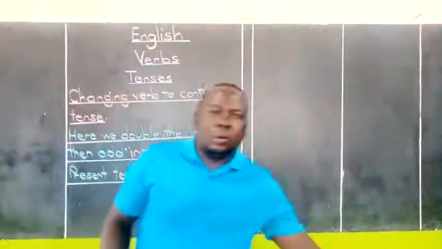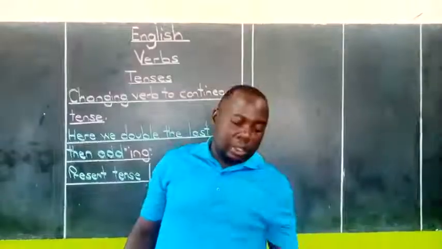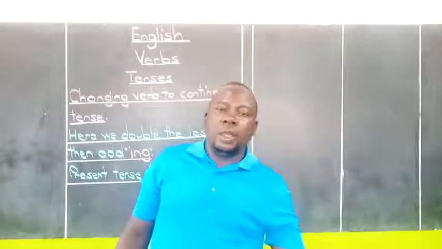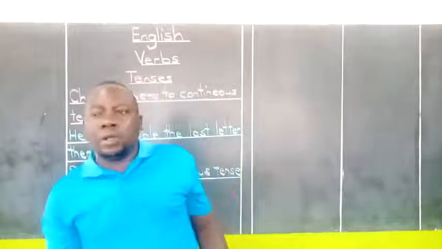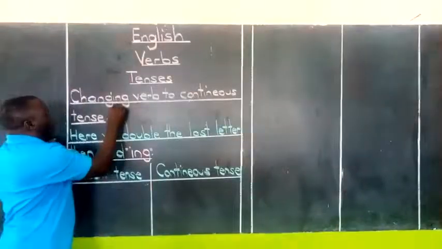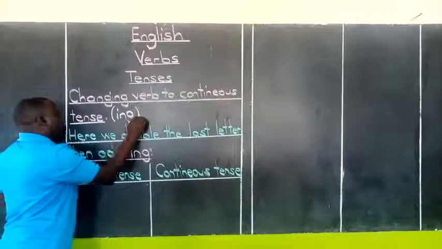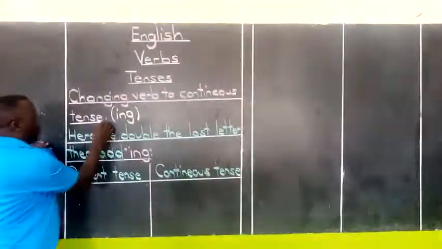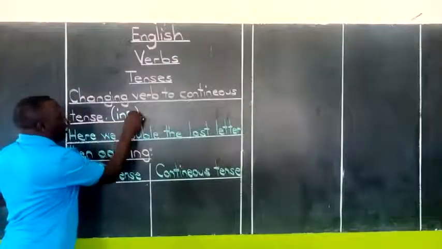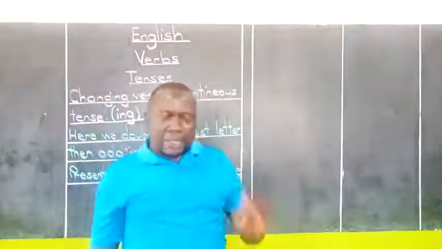Now, what are those verbs? Remember when we are changing verbs to continuous tense, we add ing to the verbs at the end. But this time, before you bring in the ing, you have to double the last letter.